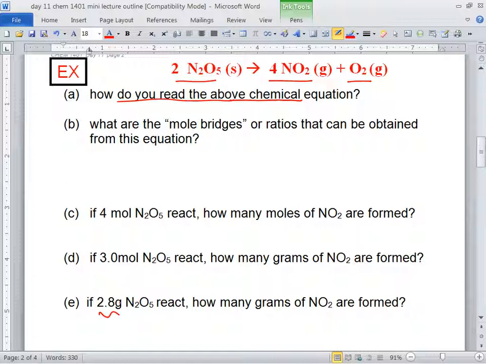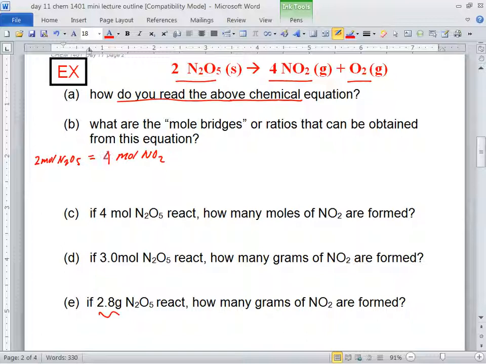Lauren, I want to get a ratio. Well, before we start with the ratio, I think it's easier when you start with equal signs. If I say 2 moles of dinitrogen pentoxide, that would equal how many moles of NO2, according to the ratio here? 4.